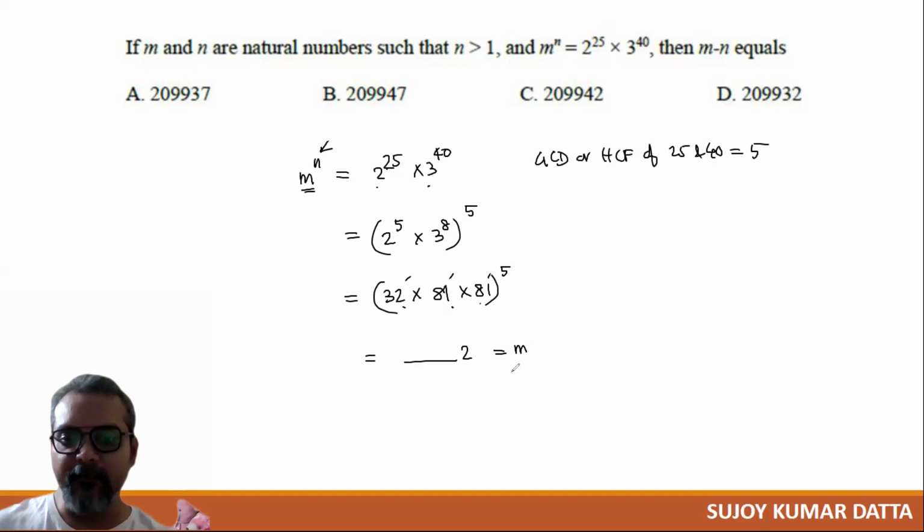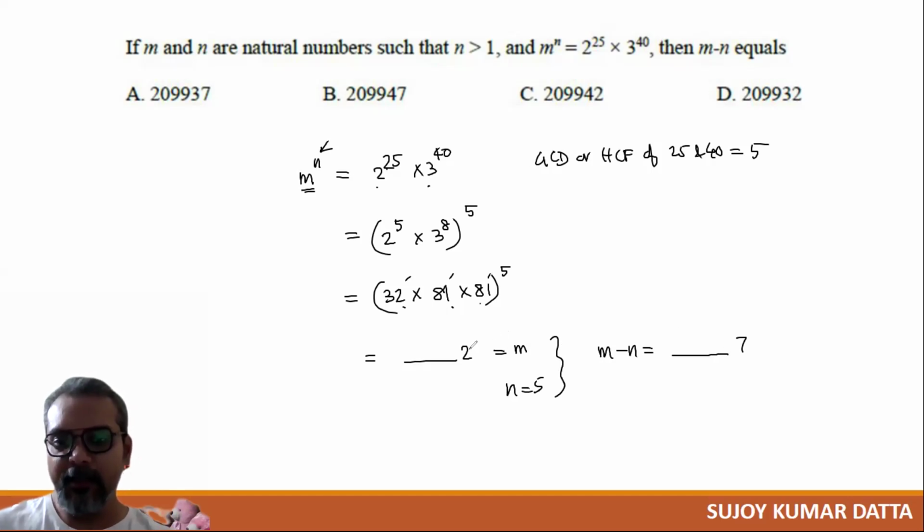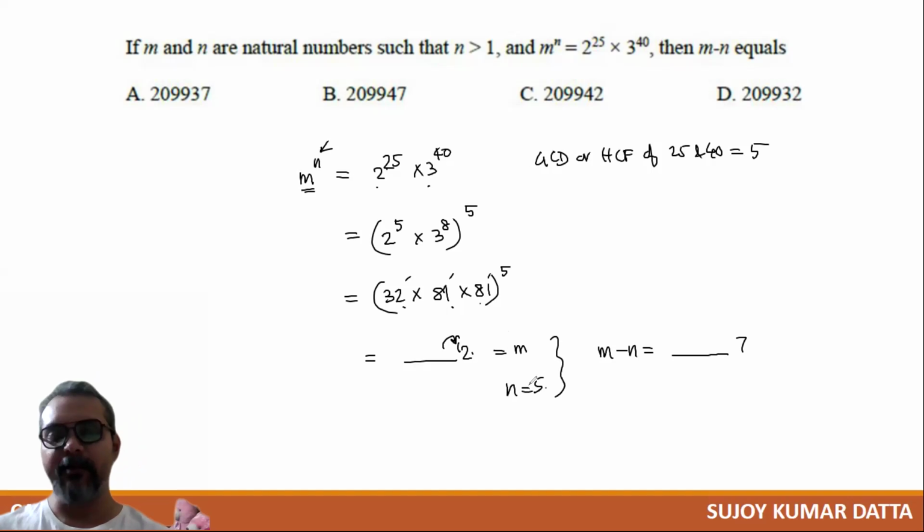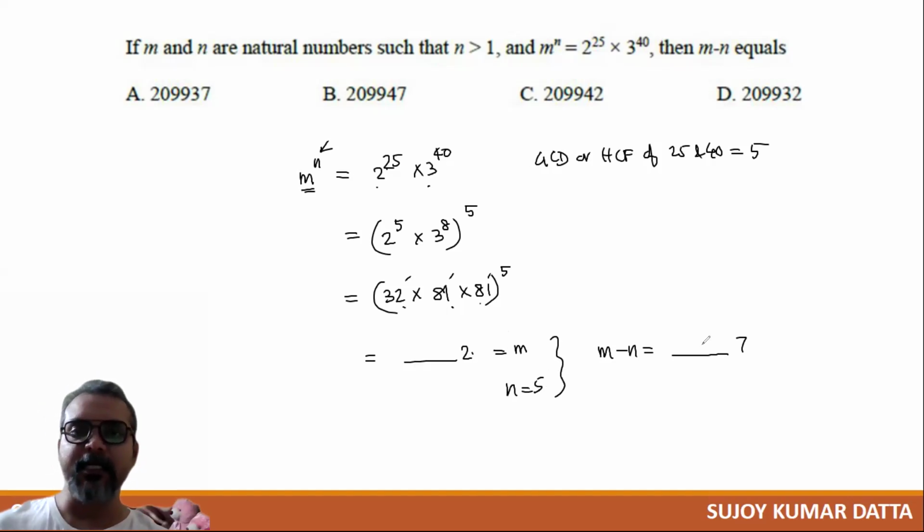And your n value is 5. So we are going to subtract m and n, right? So when you do m minus n, the answer must be something ending in 7, because when you have 2 here and you're subtracting 5 from it, we'll have to have a borrow. This will become 12. 12 minus 5 is 7. So we have got something ending in 7, but then both of them are possible, right?